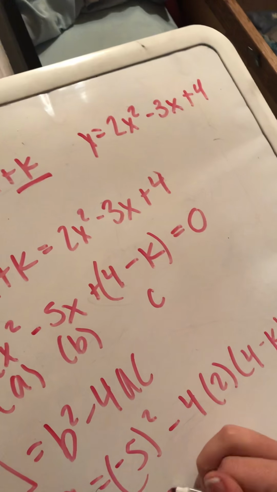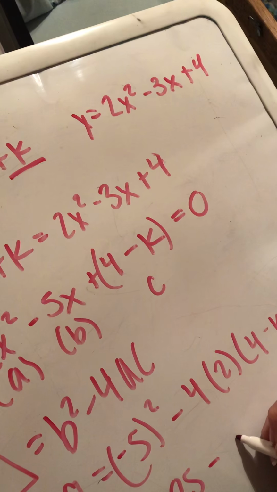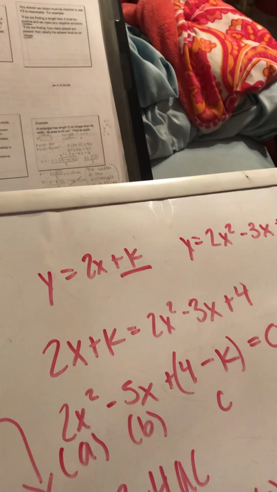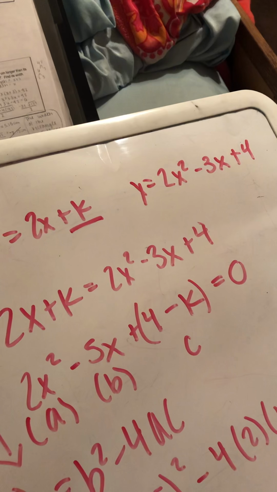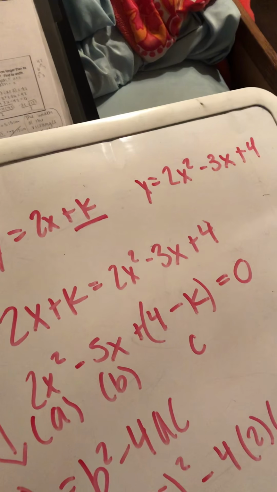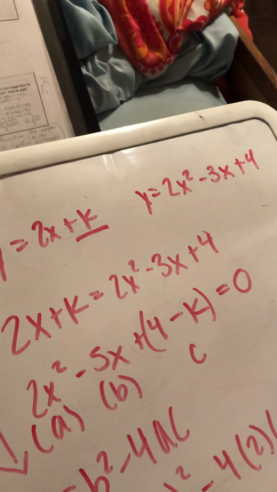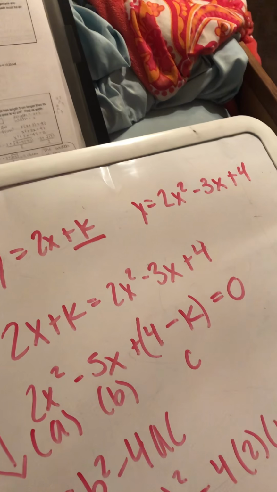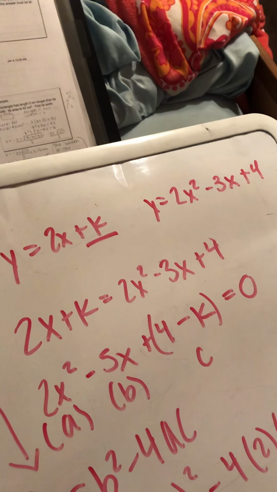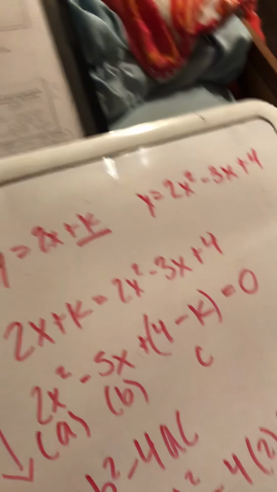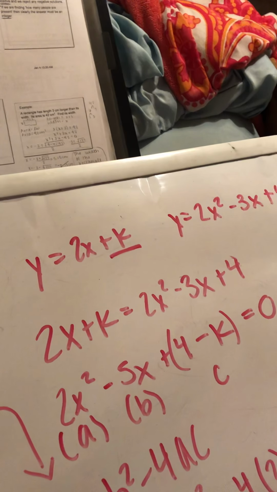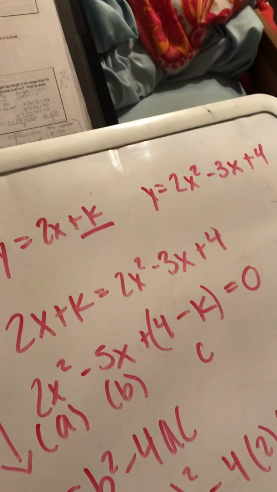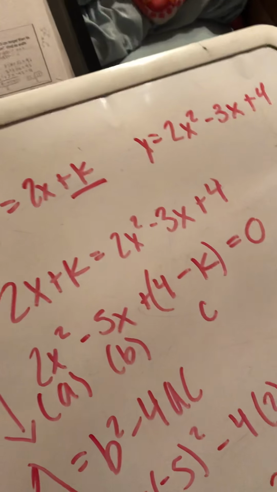So 0 equals 25 minus 8 times 4, which is 32, plus 8k. Sorry, let me do some quick math. 25 minus 32 is negative 7, plus 8k.